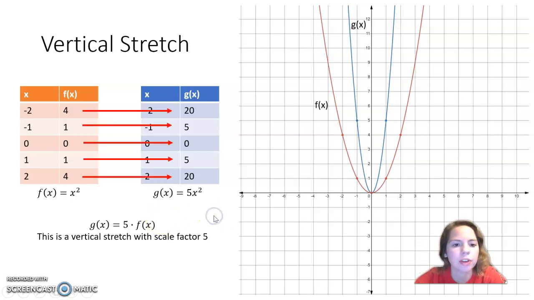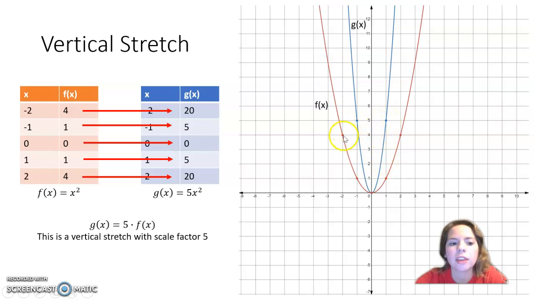If you take a look at those y values, I know some of them you're not able to see on here because it's a smaller graph, but specifically, you could look at the point -1, 1, that gets moved to be -1, 5. Or the point 1, 1 gets moved up to be 1, 5.